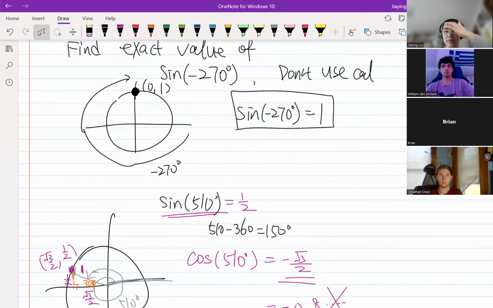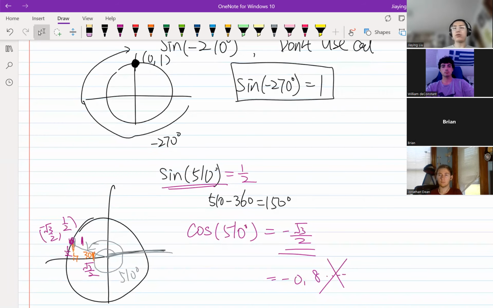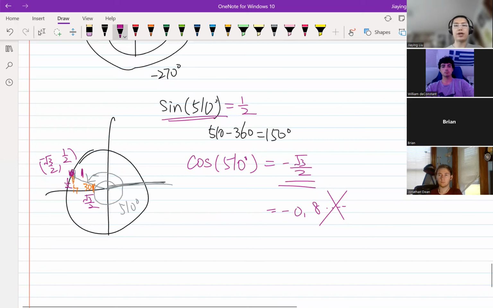Does that make sense? So just pay attention to the instructions on problems of this type. There are certain problems where you have to use a calculator. For example, if I say calculate the cosine of 51 degrees, I don't know how to find it by hand, so it's perfectly fine to use a calculator, but I'll be specific for certain problems.